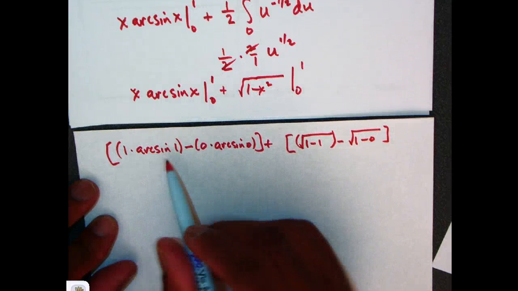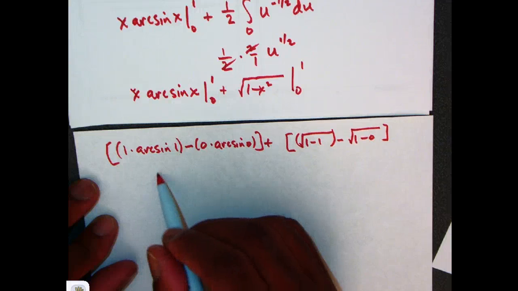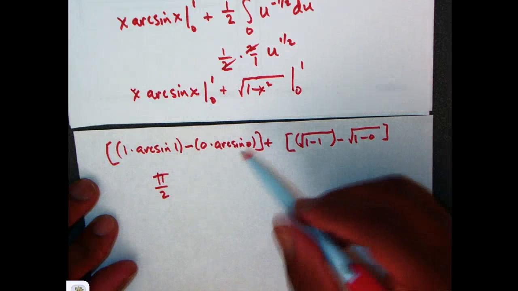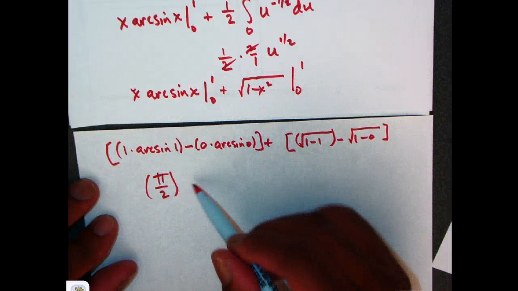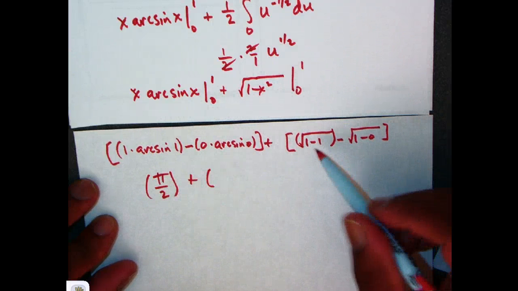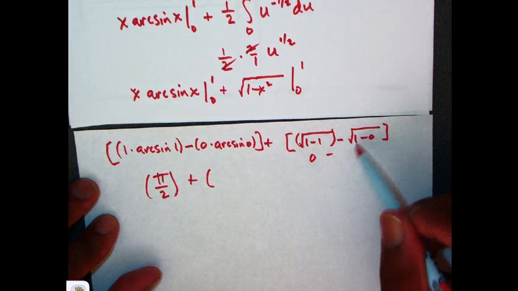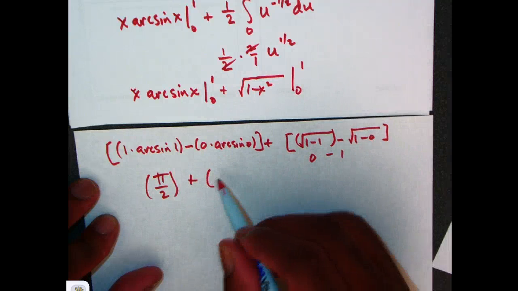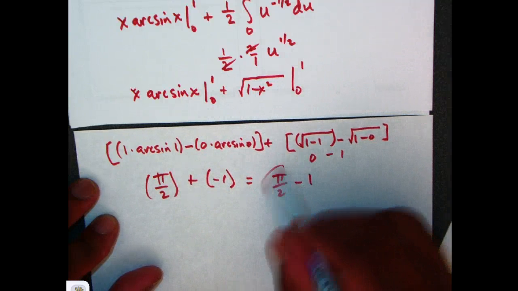Okay, so arc sine of 1 is pi over 2, so 1 times pi over 2 is pi over 2. 0 times anything is 0, so it's pi over 2 plus, and then we get square root of 1 minus 1, square root of 0 minus 1, that's negative 1. So our answer is pi over 2 minus 1.